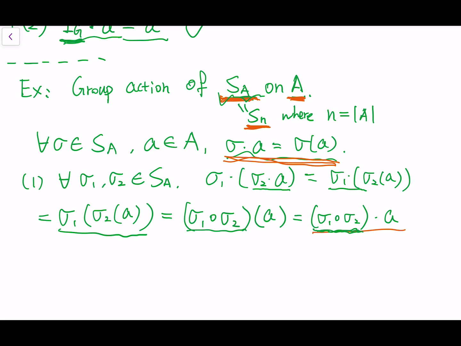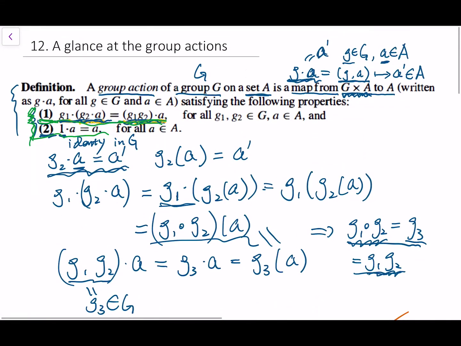So this part just is the operation between the two elements of SA, and if we write the operation in the symmetric group as a multiplication, this is equivalent to sigma 1 times sigma 2 and act on A. And this is what we want for the first property of the group action.